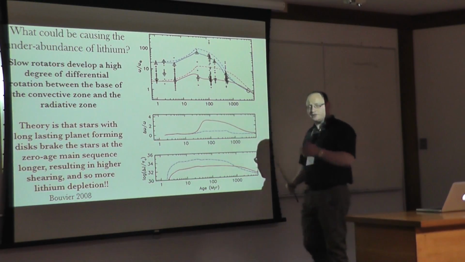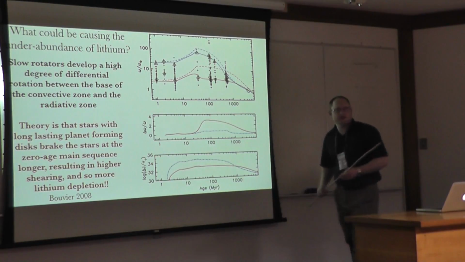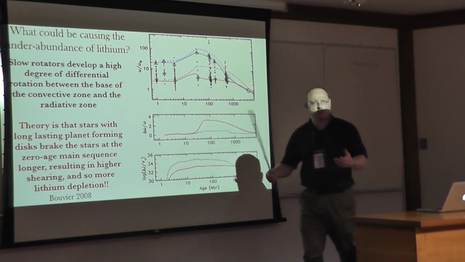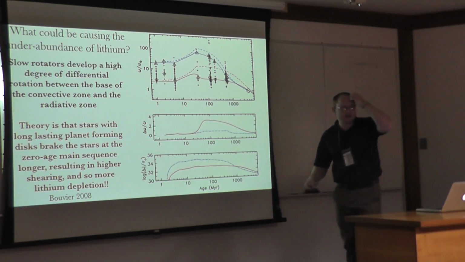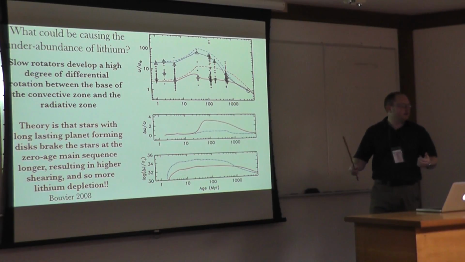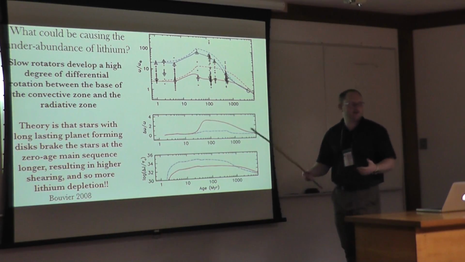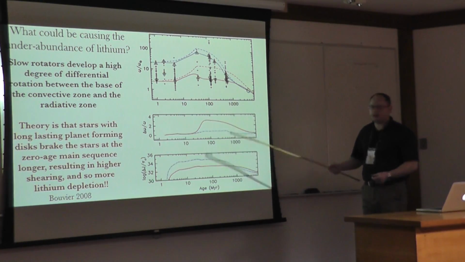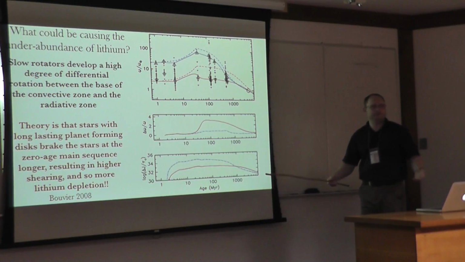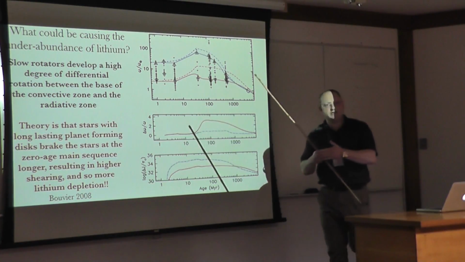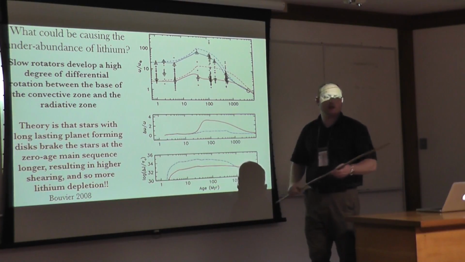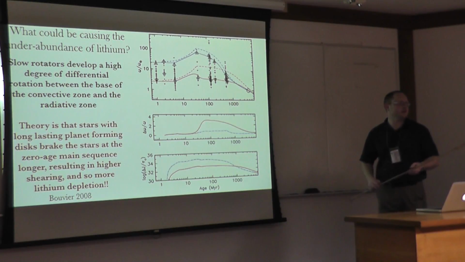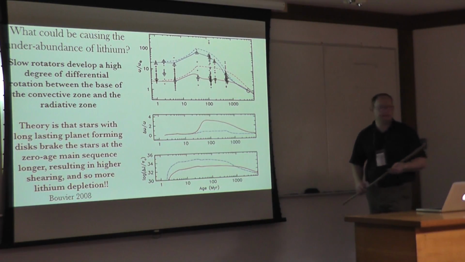But potentially what we've got going on here is that when you have planets, particularly big planets, we're still in the big planet regime, the idea is that we form big planets in longer lived disks, slightly longer lived disks. And those disks can brake the stars for a longer period of time. And what you get then is a higher shearing inside the atmosphere, and so you can destroy lithium at a much higher rate than without that disk braking, or at least the longevity of that disk braking.